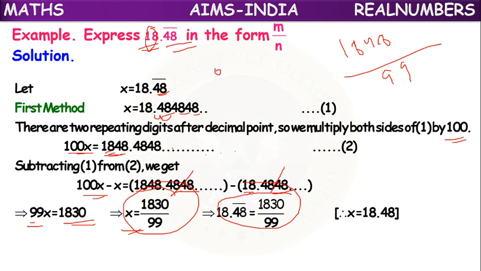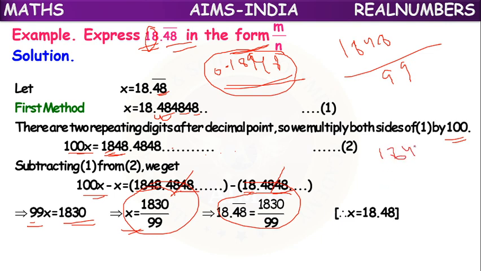If there is no number to the left hand side of the decimal point, suppose we have 0.1848 bar, how can we write that at the time? 1848 by 4 decimal places, 4 nines we can keep.